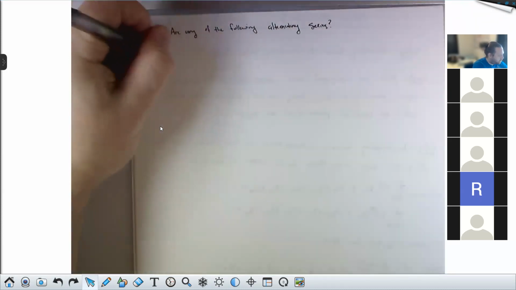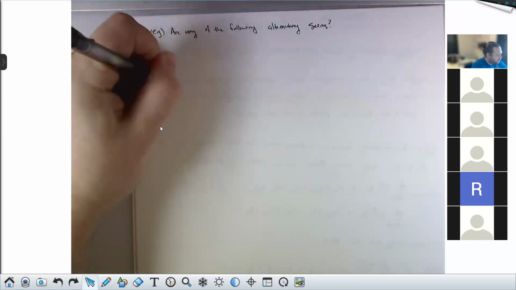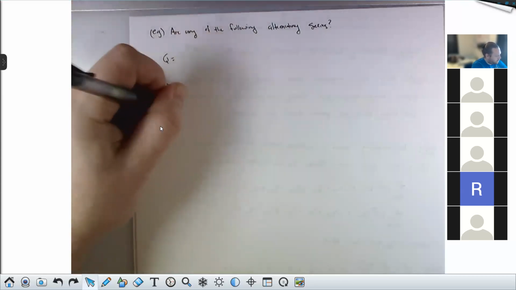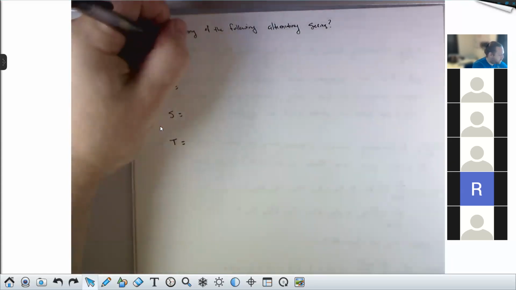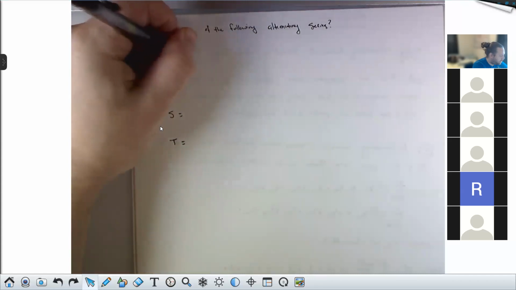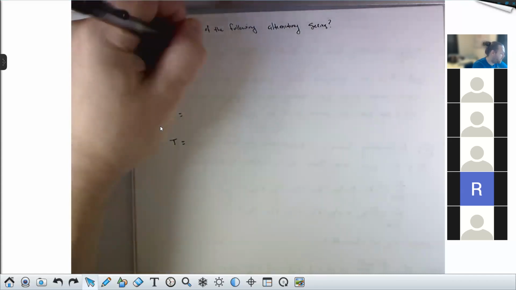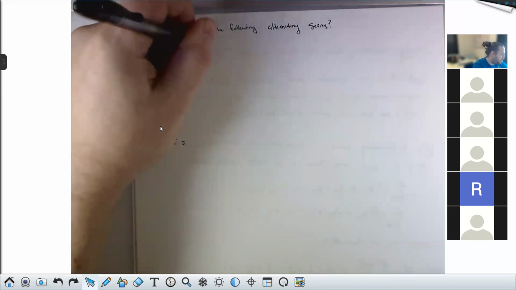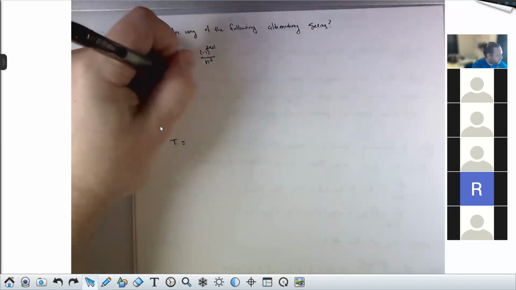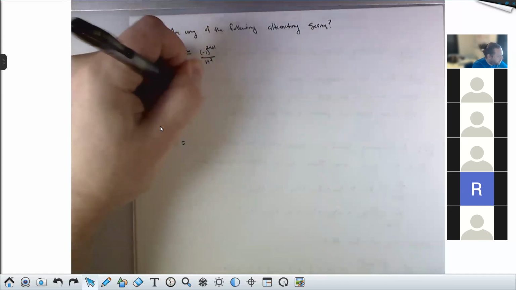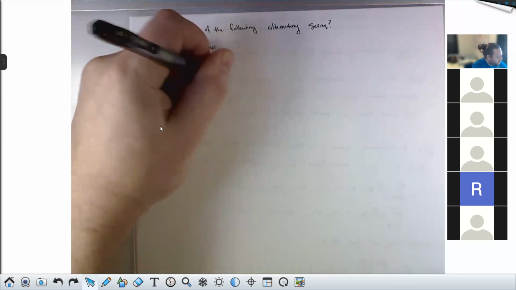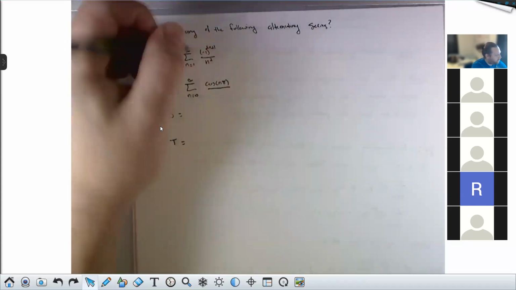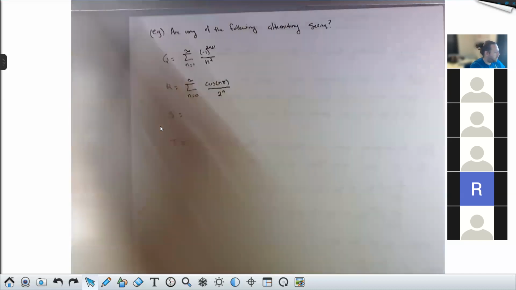Let me do Q. For Q, let's look at sigma n from 1 to infinity, (-1)^(2n+1) over n squared. For R, look at sigma n from 0 to infinity, cos(n pi) over 2^n.